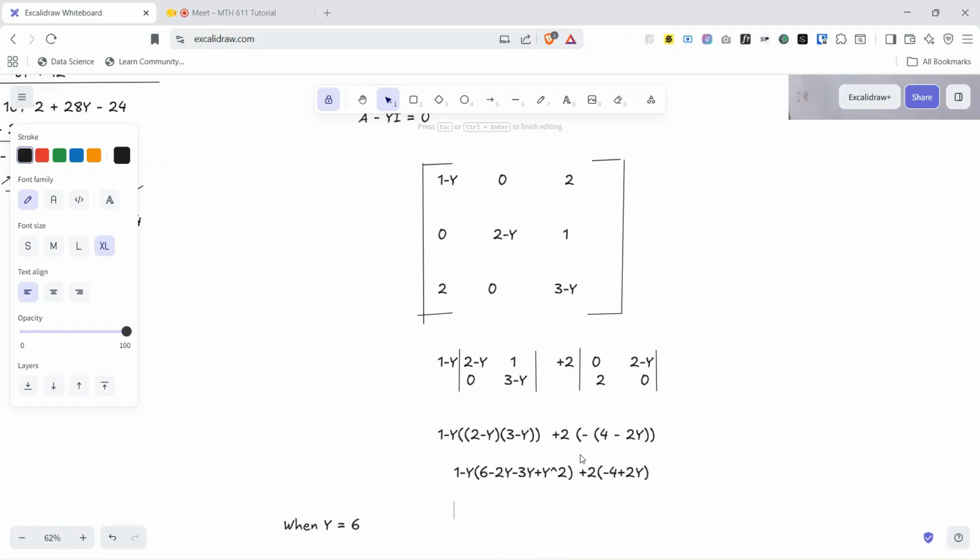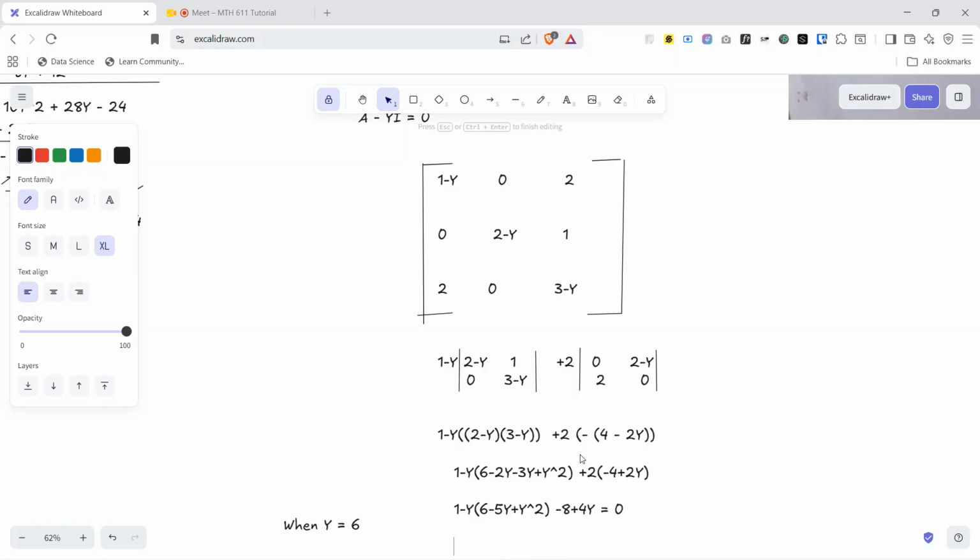So 1 minus lambda into minus 5 lambda plus lambda square, minus 8 plus 4 lambda.